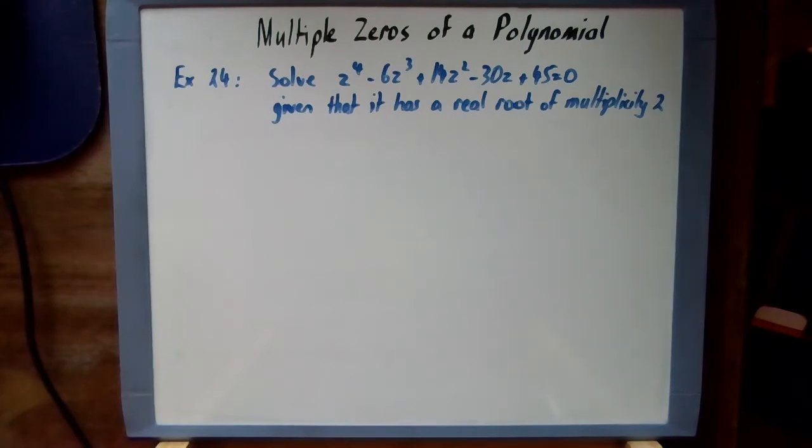If it is of multiplicity 3, then it's a root of 3 levels: the function, and then the derivative, and then the derivative again. And this makes it much more straightforward, and often possible, to find the factors or the other roots.